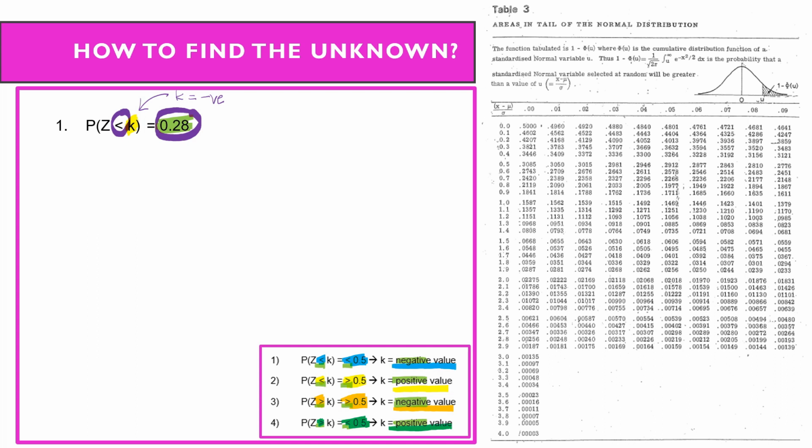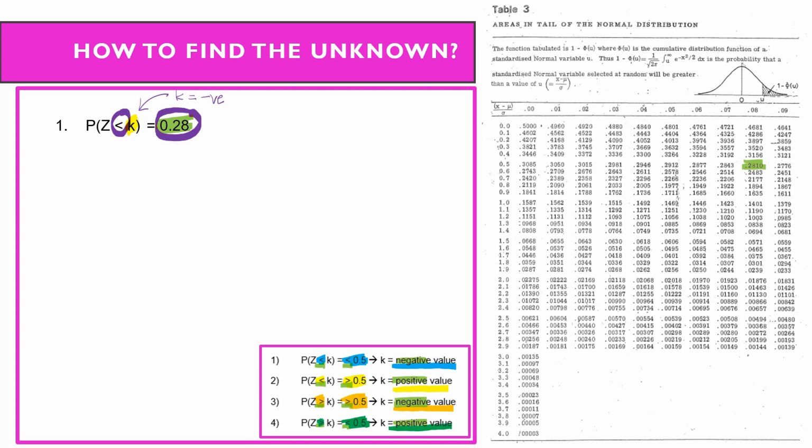From the table, if the probability value is less than 0.5, you can read directly from the table. Search, where is 0.28? The nearest one, 0.28, here: 0.2810.